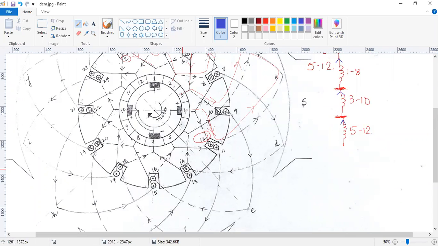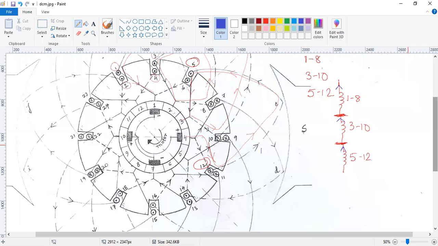Because it has started with 7, isn't it? It has started with 7. You see, the next coil started with 7. So in this way, these are connected like this.